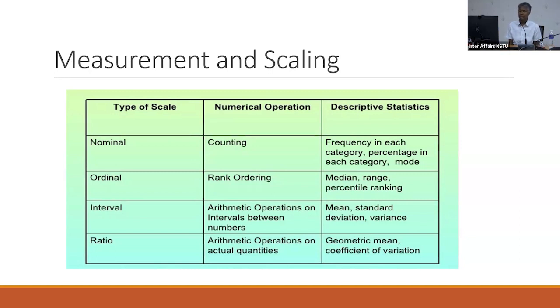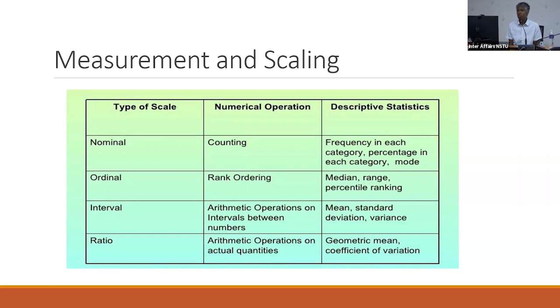In terms of intervals, that means like a Likert scale of level of satisfaction. So level of satisfaction with this topic today could range from 0, not at all satisfied, to 10, very satisfied. Each of us could be measured, and we could have a mean, standard deviation, and understand the variance.